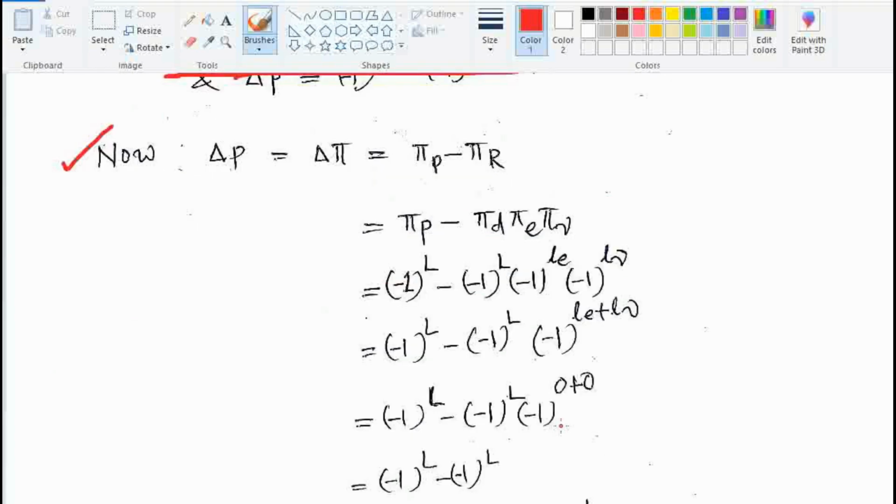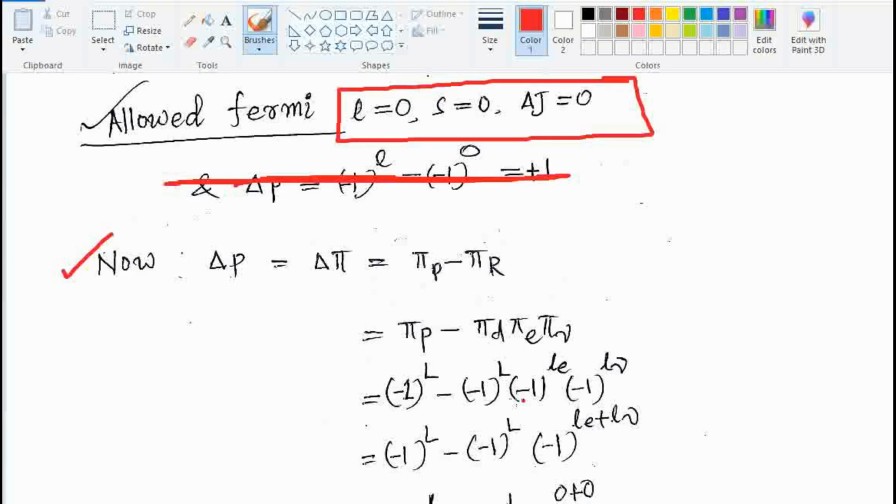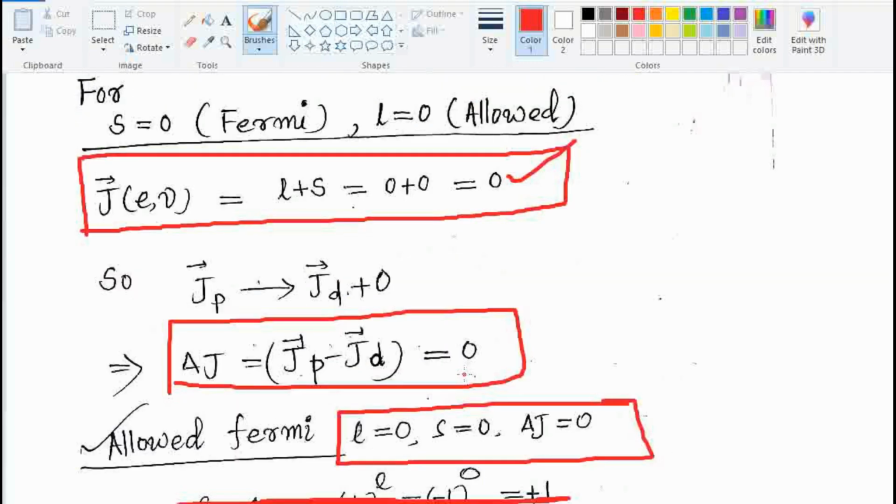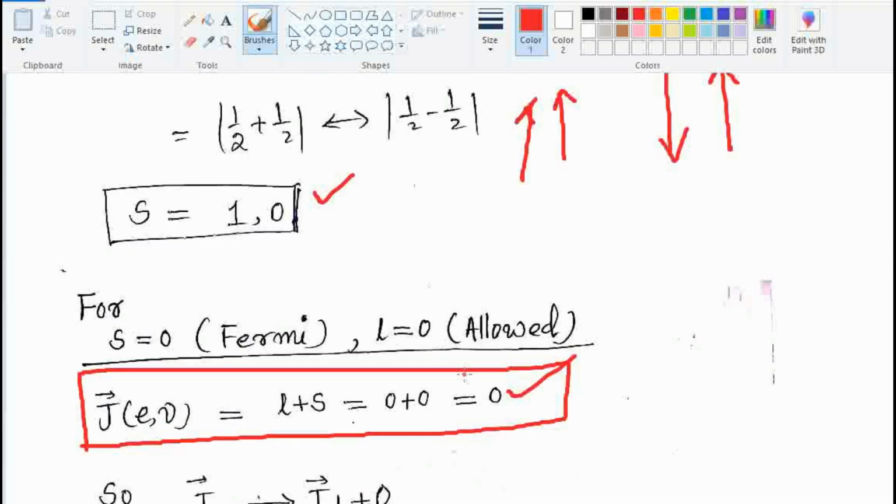So you see minus 1 to the power L. Why is this L present on both sides? For the parent nucleus and daughter nucleus the L value is the same, because both have the same angular momentum. As this L equal to 0, that means the outgoing particles are taking no angular momentum when they are coming out from the parent nucleus.